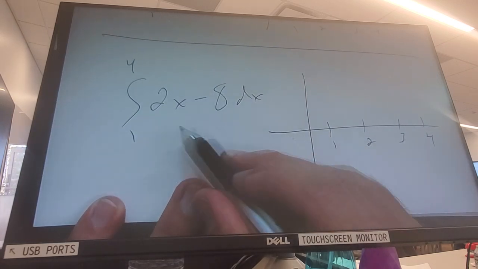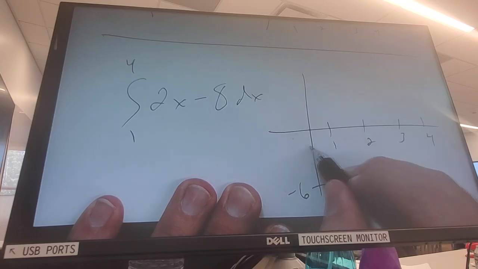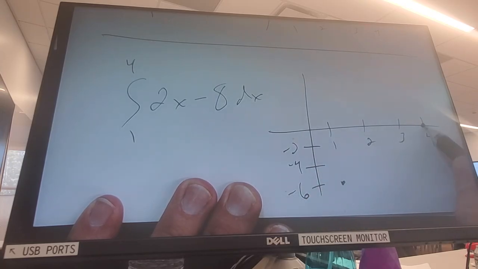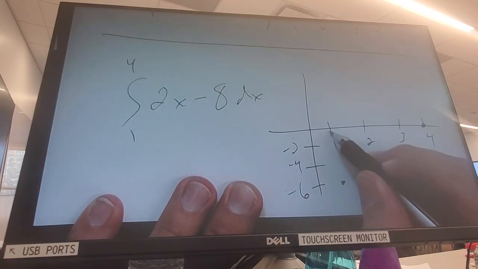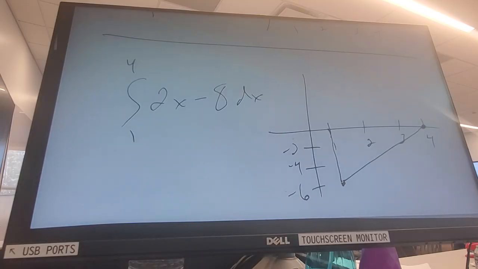When I plug a 1 in, I get -6, yes? When I plug a 4 in, I get 0, yes? You with me? So then it would be this. It's always the area between the given function and the x-axis.